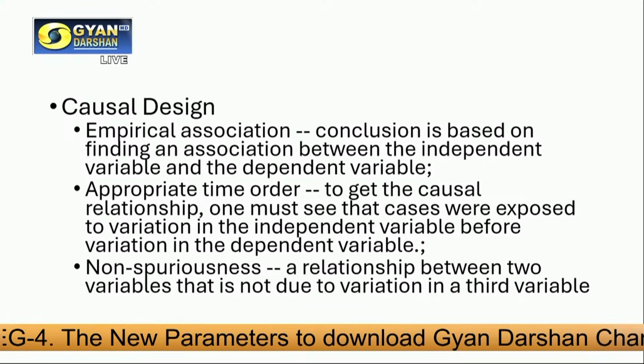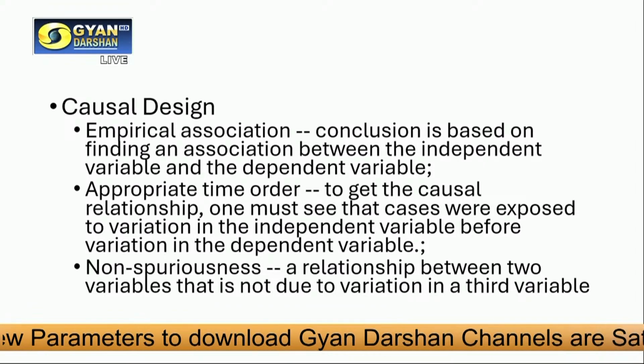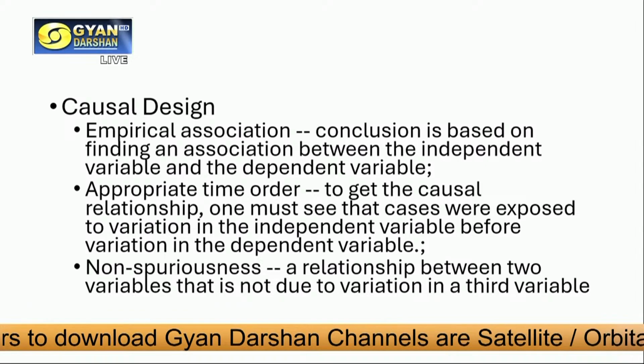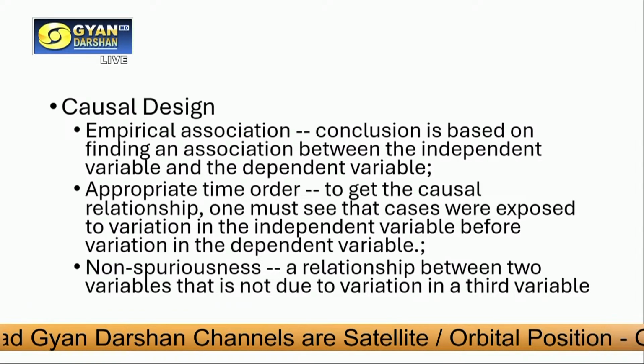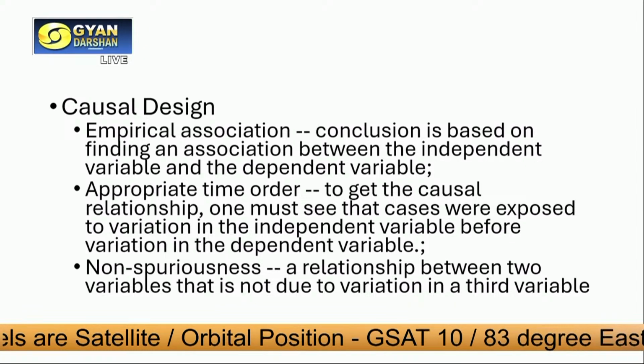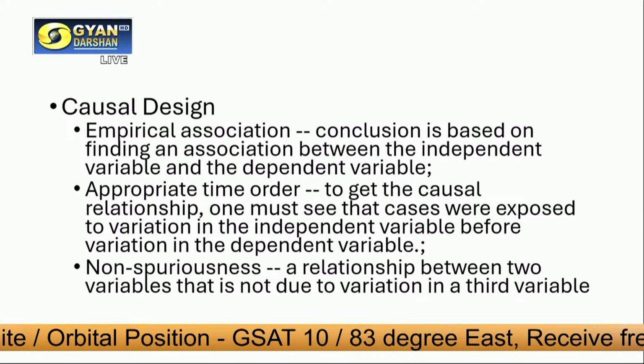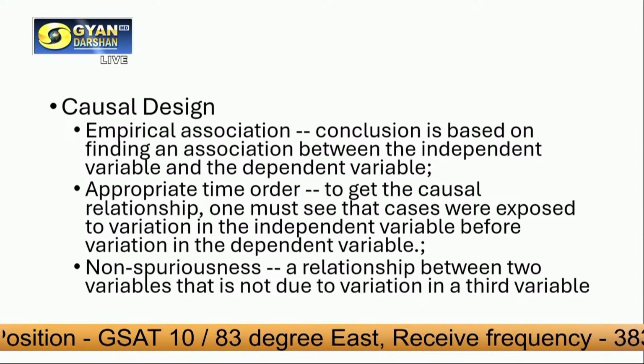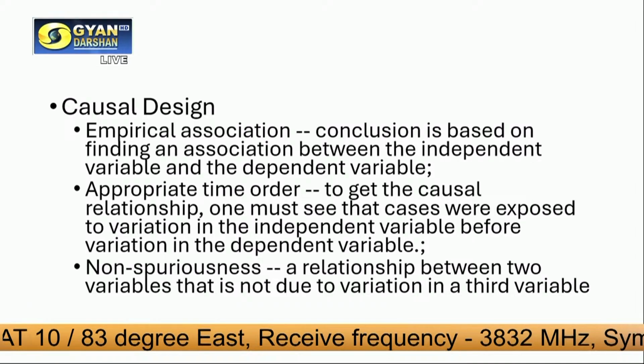And the last component is non-spuriousness, which means a relationship between two variables that is not due to variation in a third variable. There may be an extraneous variable, however, it doesn't impact the association between independent and dependent variable. So there is an empirical association, and therefore it is experimental in nature.